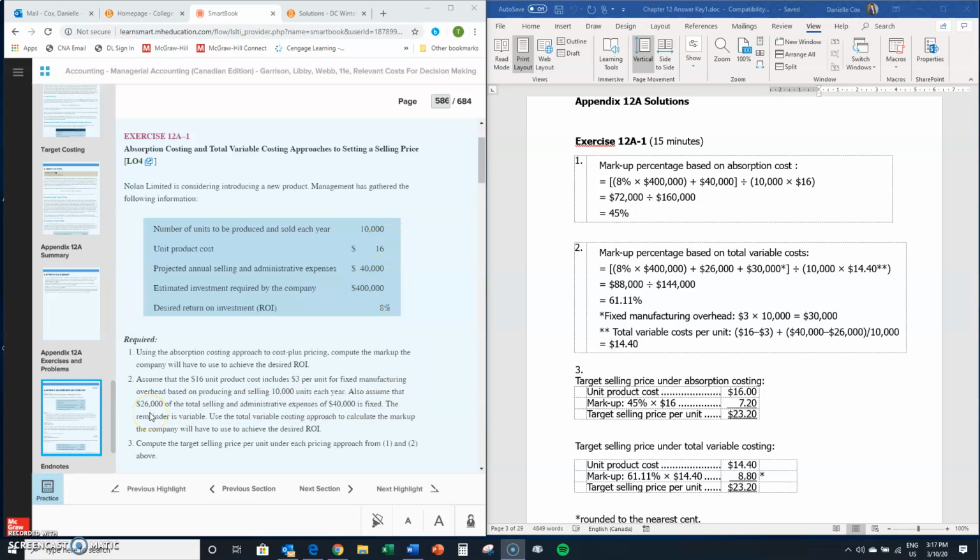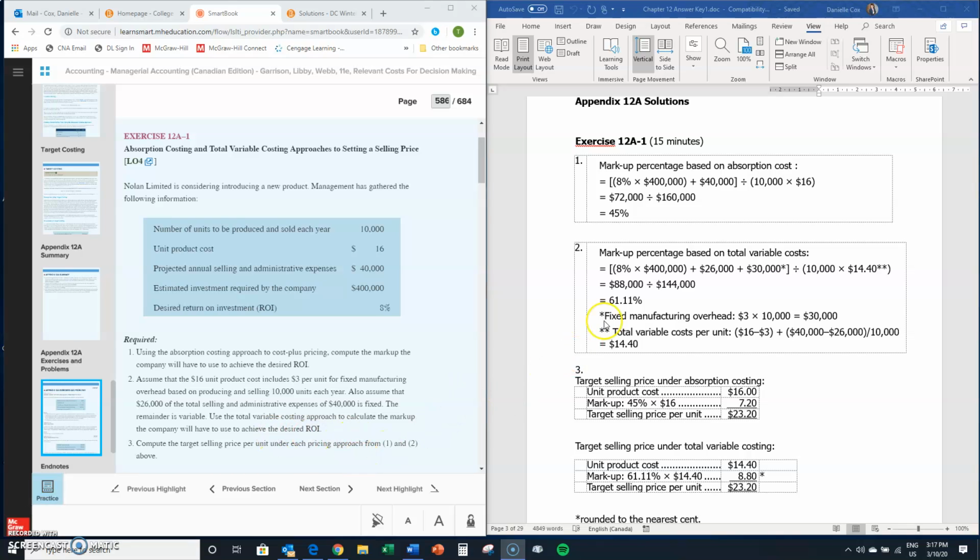Also assume that $26,000 of the total selling and administrative expenses of the 40 here, $26,000 is fixed. The remainder is variable. Use the total variable costing approach to calculate the markup the company will have to use to achieve the desired ROI.